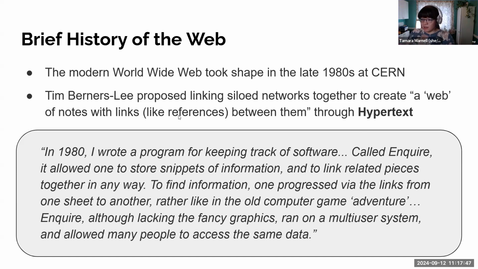And he said specifically that in 1980, I wrote a program for keeping track of software called Enquire, and it allowed one to store snippets of information and link to related pieces together in any way. To find information, one progressed via links from one sheet to another, rather like in an old computer game adventure. Enquire, although lacking in fancy graphics, ran on a multi-user system and allowed many people to access the same data.